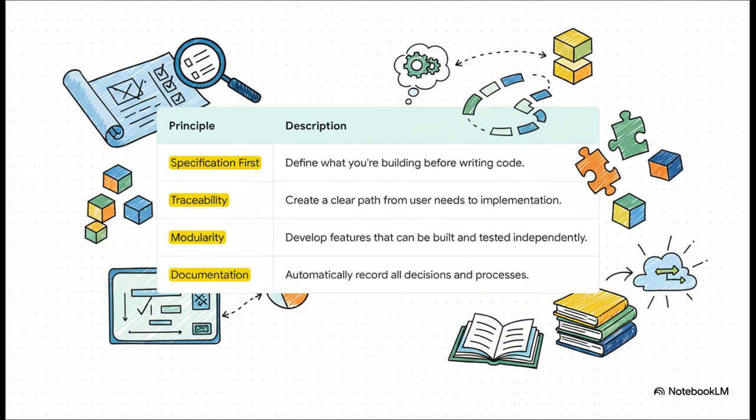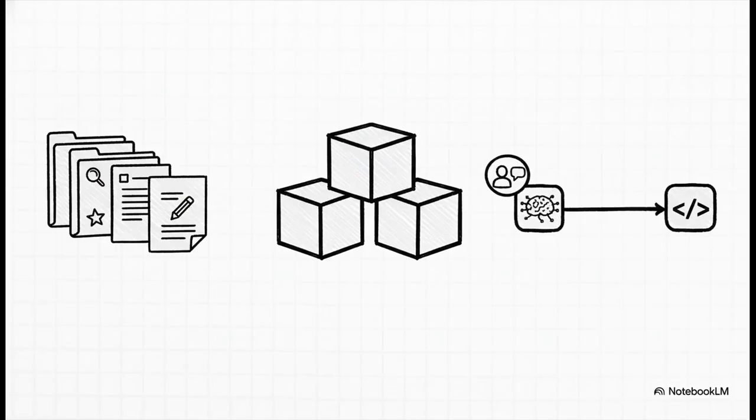That leads to perfect traceability, so you can draw a clean line from an idea all the way to its implementation. Features are built to be modular and stand on their own. And, maybe the most revolutionary part, documentation isn't an afterthought. It's just automatically generated as part of the process itself. And the result of all this is pretty incredible. You end up with software that's perfectly documented, built with extreme discipline, and is 100% traceable.